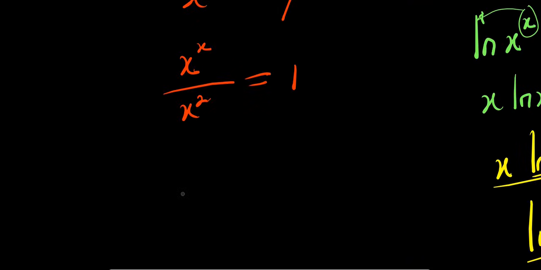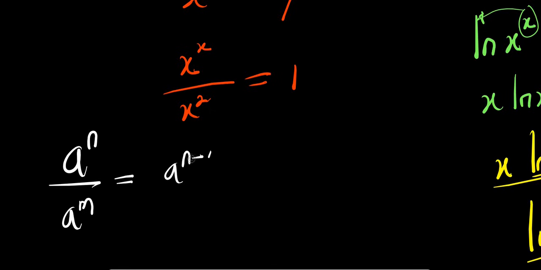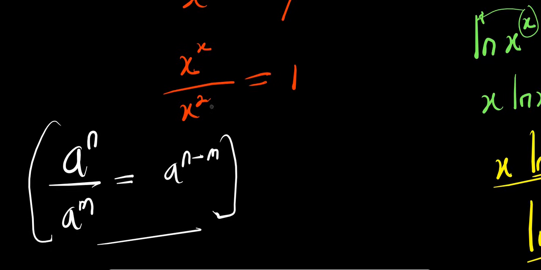Now let's consider this identity: a power m divided by a power n equals a power m minus n. We can apply this right here because the bases are the same and there's a division sign here. So we'll have x power x minus 2 equals 1.